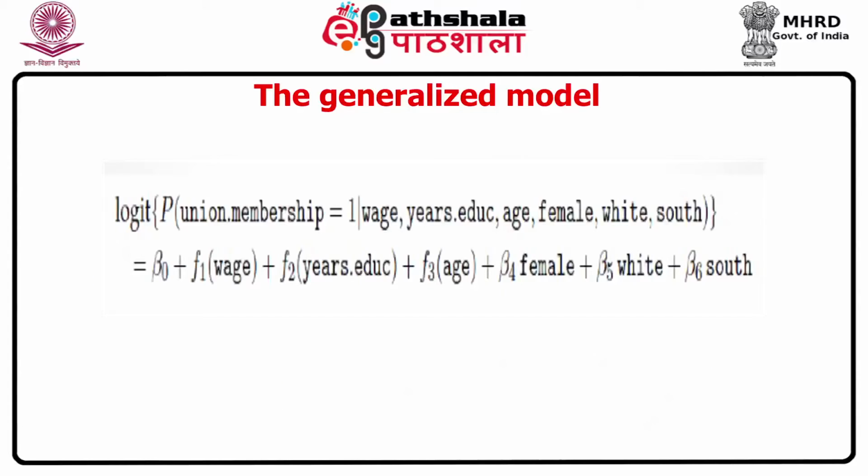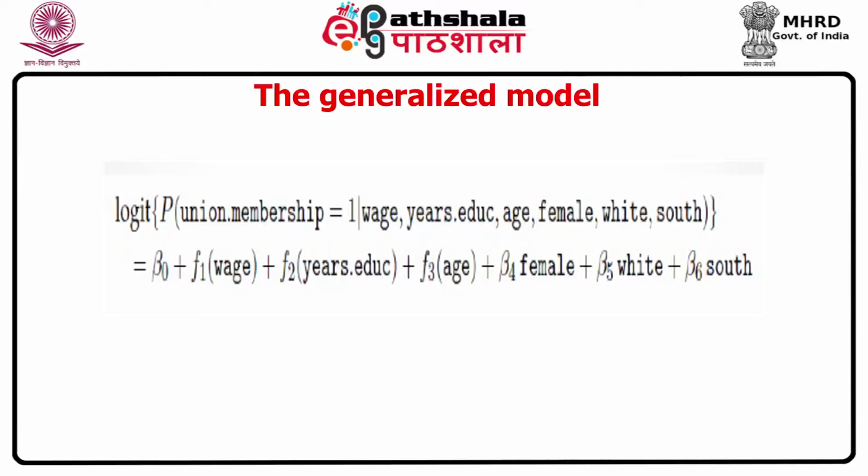Now in this very last slide, I will finally define generalized additive models with the help of an example. So here I continue to want to predict the probability of union membership given information on several covariates, which is wage, years of education, age, whether or not female, whether or not white, whether or not from the South, for a dataset which originated from the US.